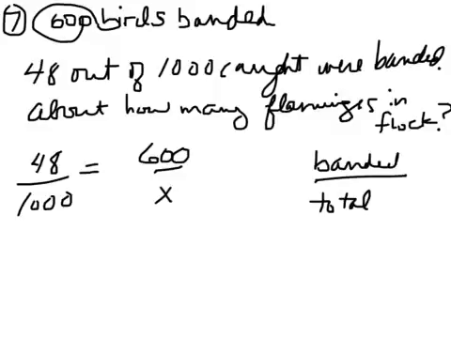So this 48 out of 1,000 represents a sample of the total, and this 600 over X represents the actual flock itself. Just say, okay, well, if 48 out of 1,000 are banded, that means that we can kind of estimate how many total birds there are using that fraction.